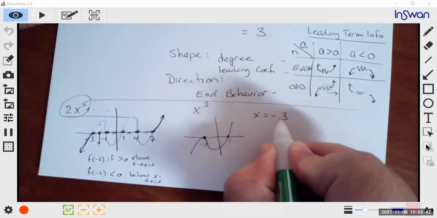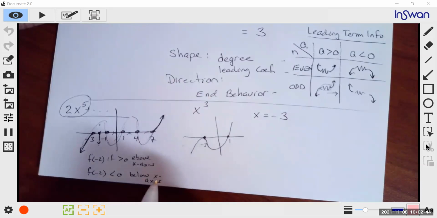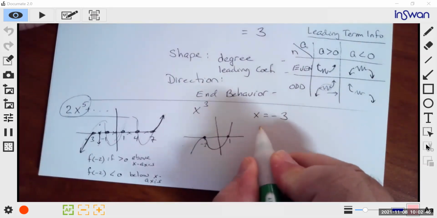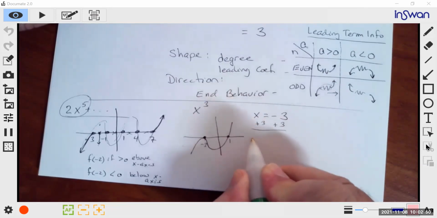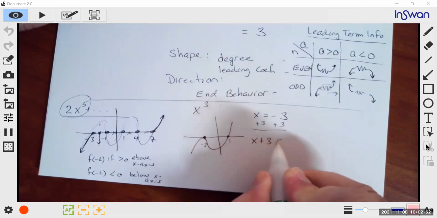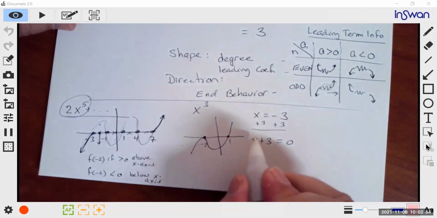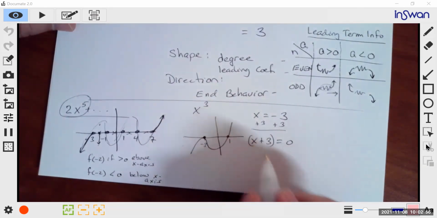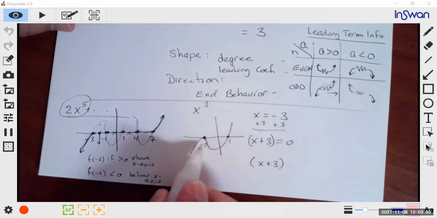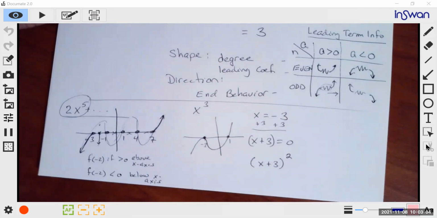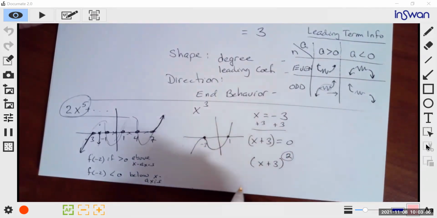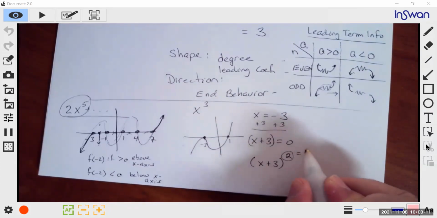Since we know the 0 is at -3, if we solve this, we add 3 to both sides, x plus 3 is equal to 0. So this is one of our factors. If it just touches, then we have an even power on that answer. This is called the multiplicity.